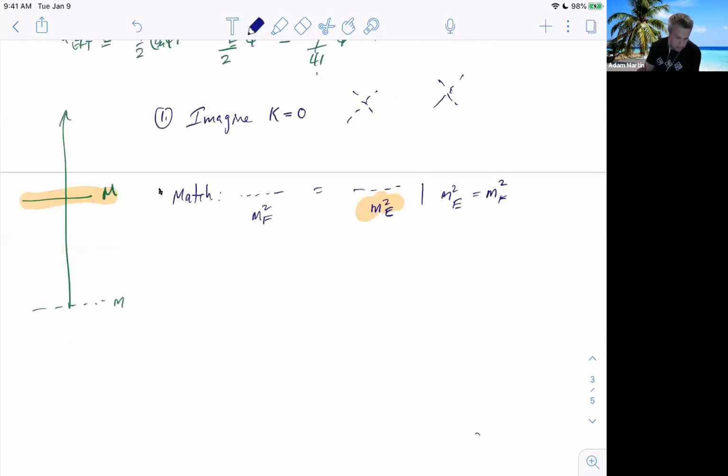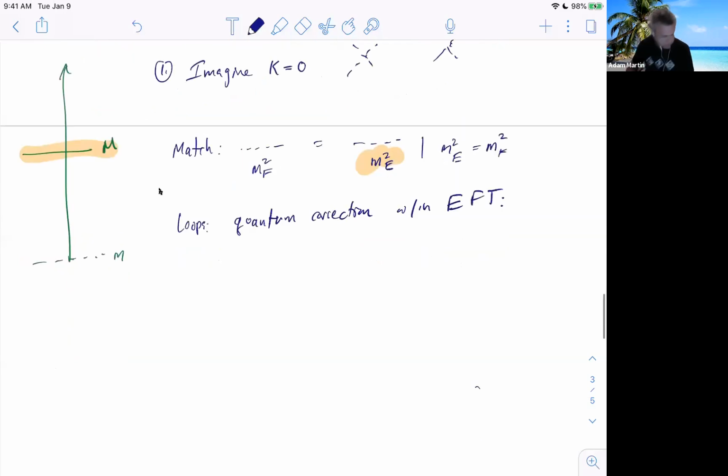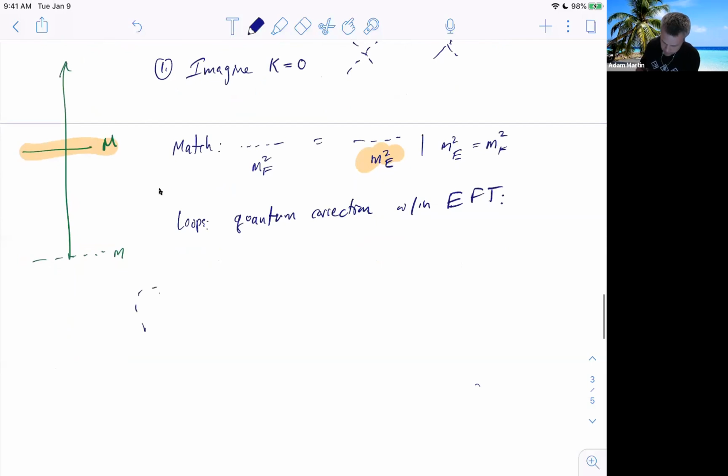Now let's add loops, or just more generally, our quantum correction. And this is within the EFT. So that's this diagram. And we know in the EFT, that coupling right there is what we had called eta.